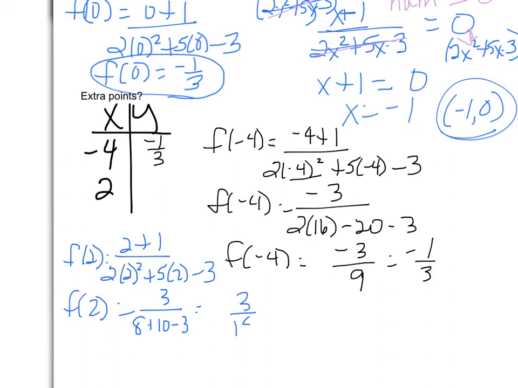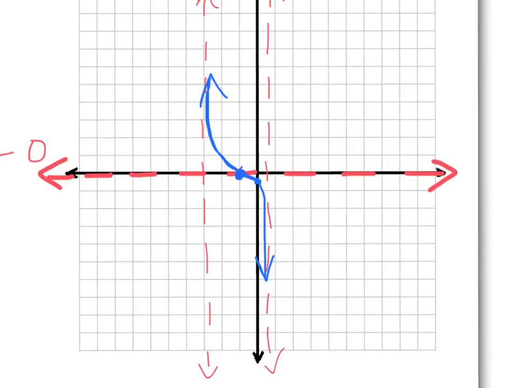So 3/15 is 1/5. Cool. So I now have the points -4, -1/3, and 2, 1/5. Let's put those on our graph. Okay, so I have -4, -1/3, and 2, 1/5.